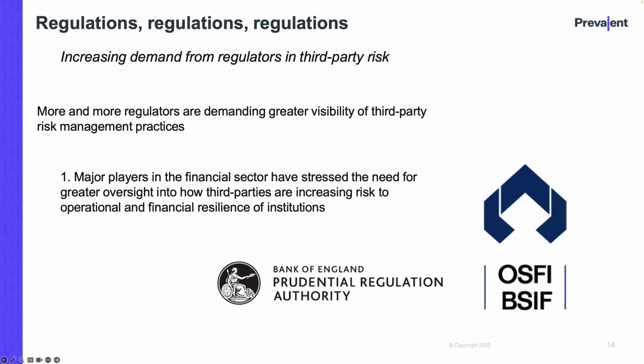What's been interesting there is that OSFI in Canada has taken the model of the PRA regulation and adopted it themselves, and they've just this year gone through a formal release or go live of this regulation that, as I say, mirrors a lot of what the PRA is focused on.